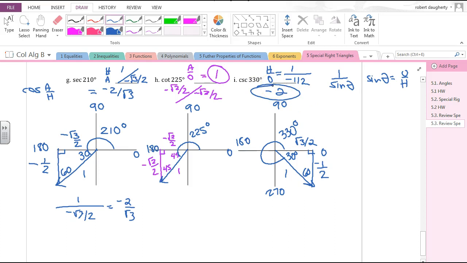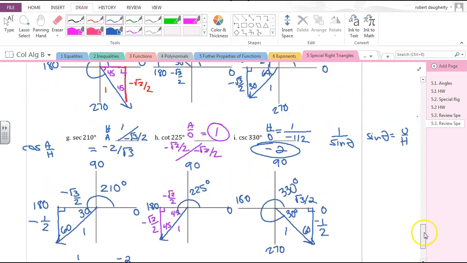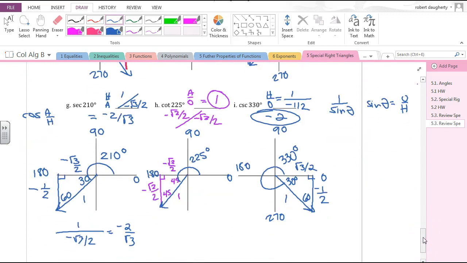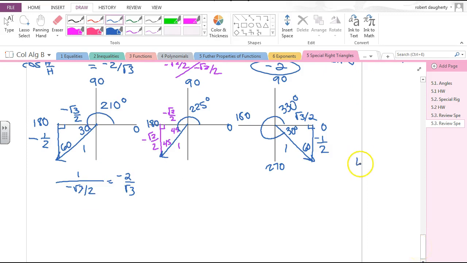Okay, so I know these look really involved. The key is you've got to know the special right triangle. Everything that we did here came out to be a 45, a 30, or a 60, okay? So every angle that you saw, it came down to being able to draw a triangle and a central angle that worked its way down to being a 45, a 30, or a 60.